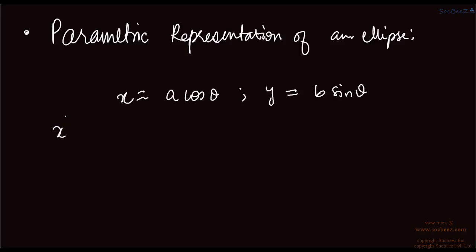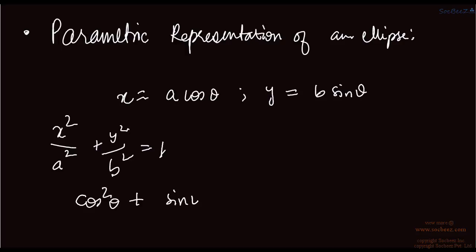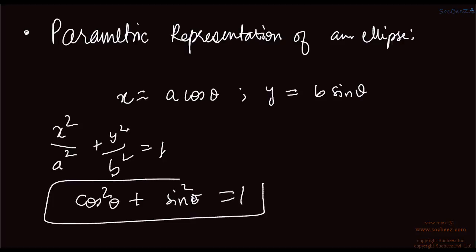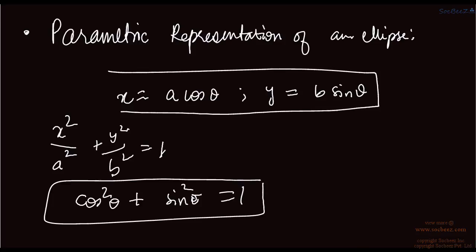Why? Because the equation is x square by a square plus y square by b square is equals to 1. So when you do x square by a square, that will be cos square theta plus y square by b square, sin square theta. That is always equals to 1. So this is the parametric representation of an ellipse.